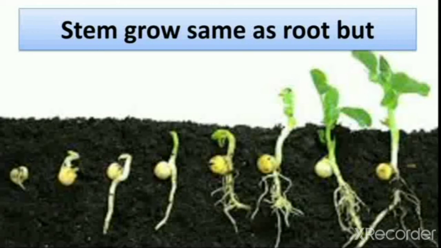Stem grows the same as root, but stem grows above ground and root grows underground. Here you can see the stem is above ground in the last plant and roots are growing underground.